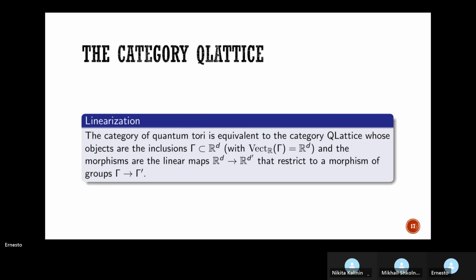There is another category called the category of quantum lattices that is equivalent. The category of quantum tori is equivalent to the category of quantum lattices, but this second one is very concrete.